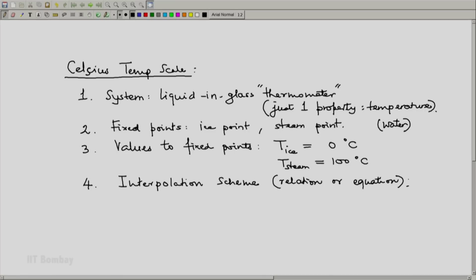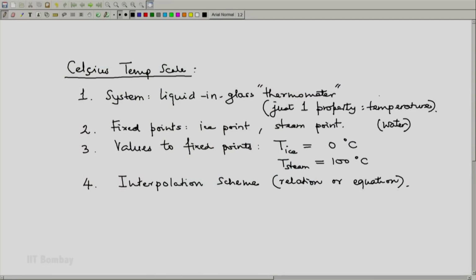Now, what are the problems with this? First thing, you will notice that there are a number of issues here. First, we have to define a system. So the scale depends on the definition of the system itself, here the liquid in glass thermometer. It will also depend on the fixed points and the material used, water in this particular case, to define the fixed points.